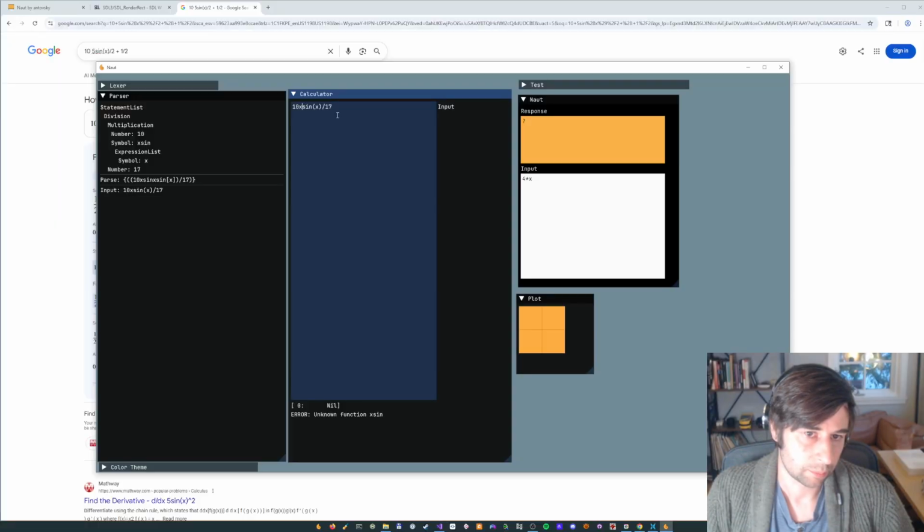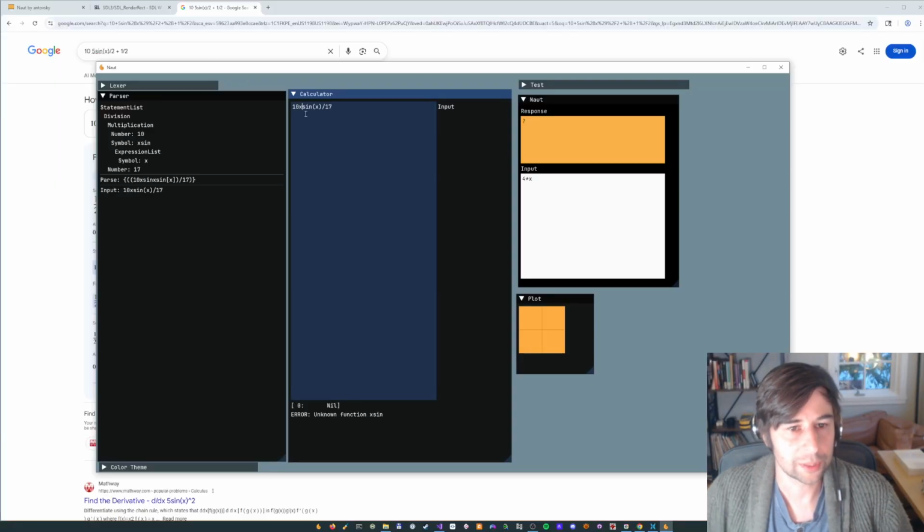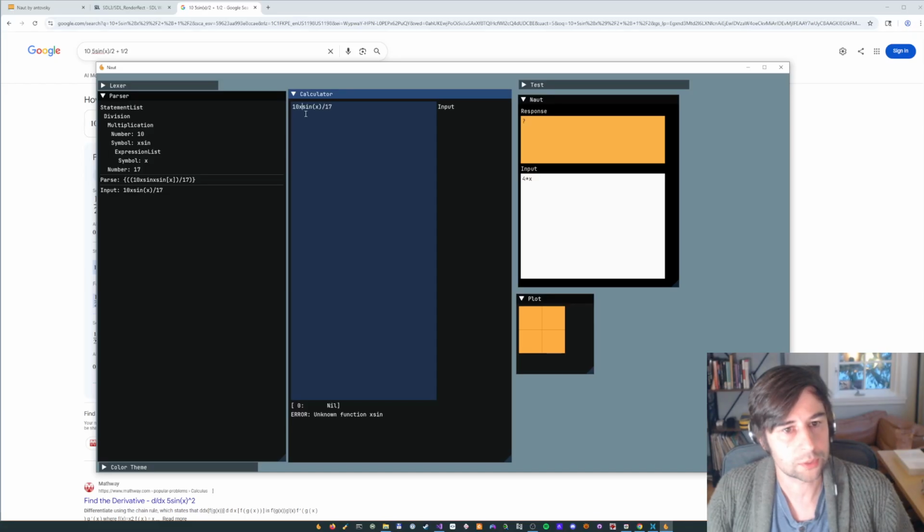It just can't parse that through. This is a different parse than this. So it should be able to do this, which it does. So 10 sine x works. But, you know, there's a limit to how compact you can make these things without running into ambiguity, unfortunately.